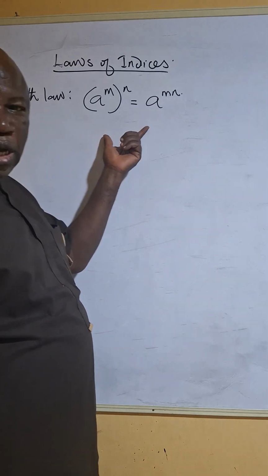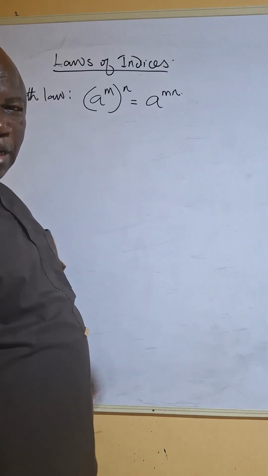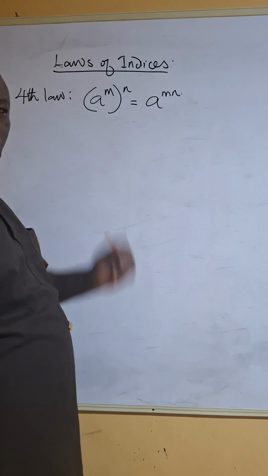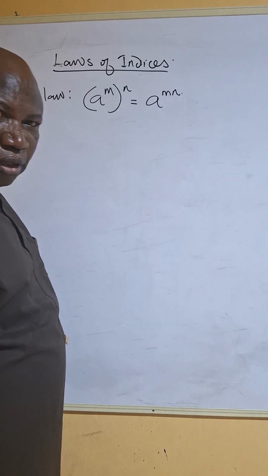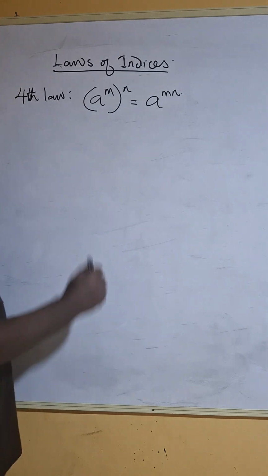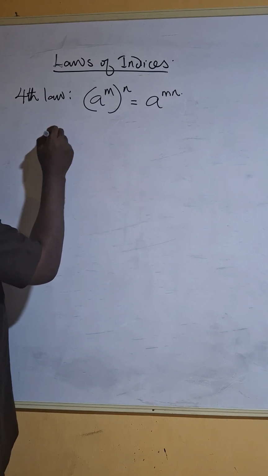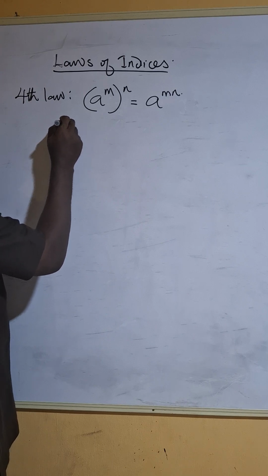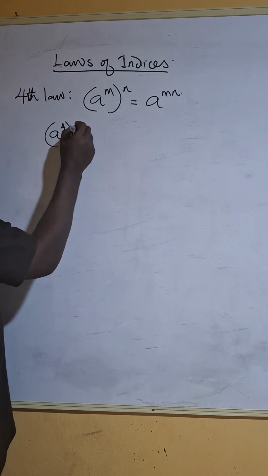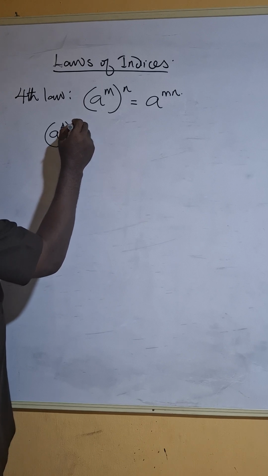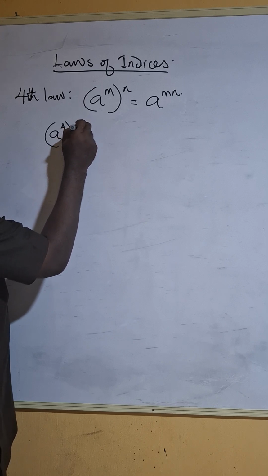Let's reason together on how we have arrived at this. We are going to use live figures in this case. Let us assume that we have a raised to power 4, into 3.